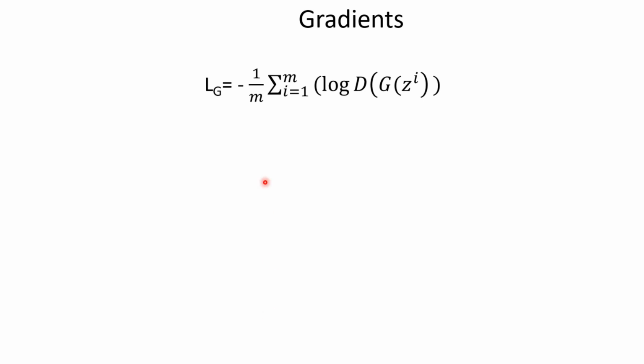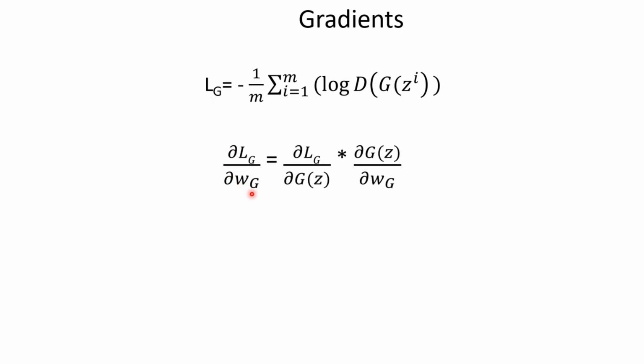Now we can calculate the gradients with respect to the network parameters W. For example, for the generator, we can apply the chain rule to differentiate the loss with respect to parameters of the network W. This involves differentiating the loss of G with respect to G and then multiplying it by the derivative of G with respect to W.